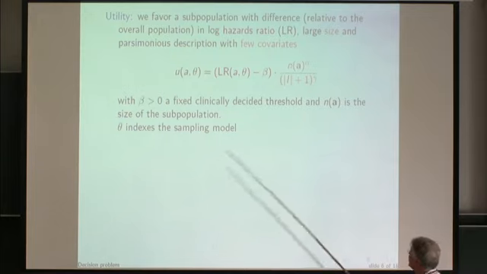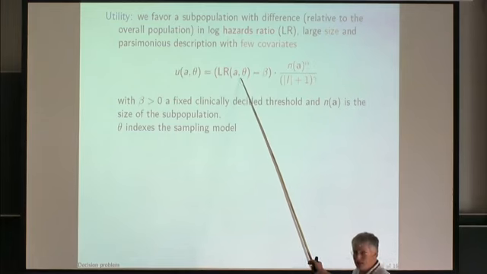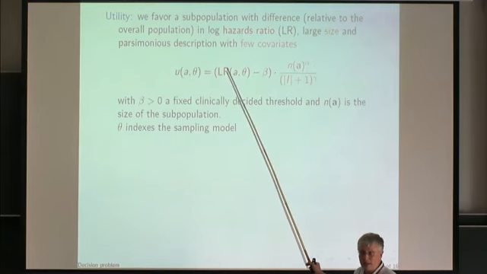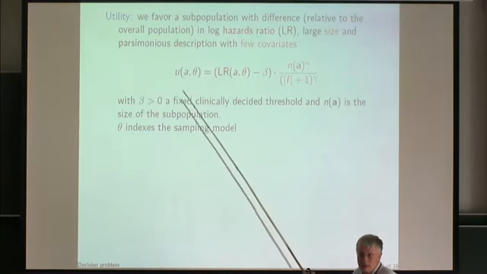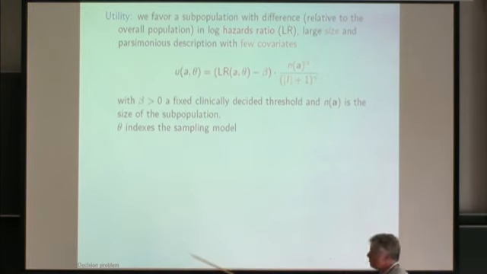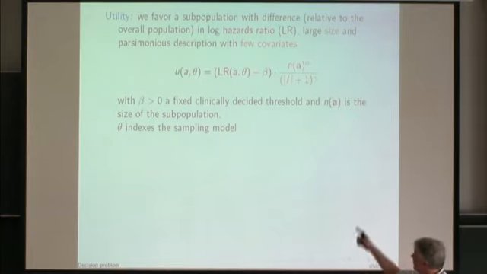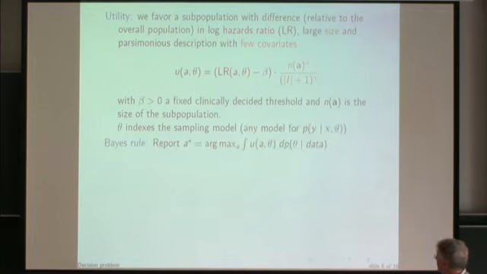And at this moment, I already sneaked in theta, where theta is simply the parameters that index our probability model, whatever it be. I don't have to know what exactly it is, but there are some unknown parameters. And then what I have to do is take the expectation of that criterion with respect to this probability model, and the winner, the subpopulation that we recommend for future study, is the one that maximizes the utility in expectation.